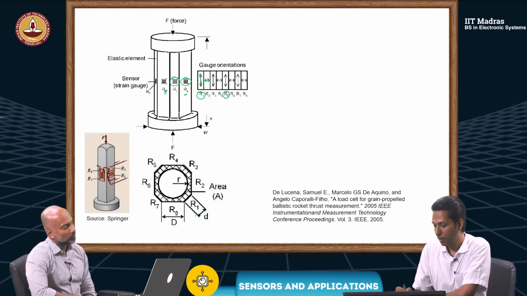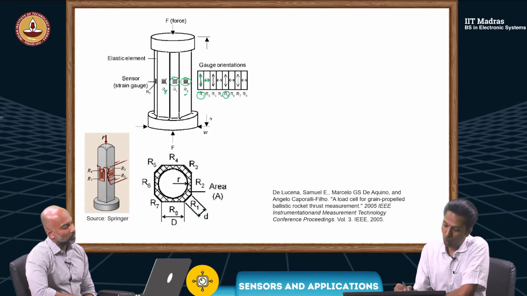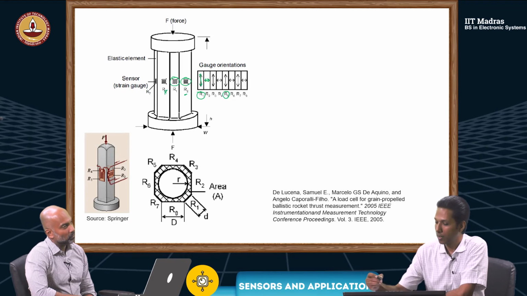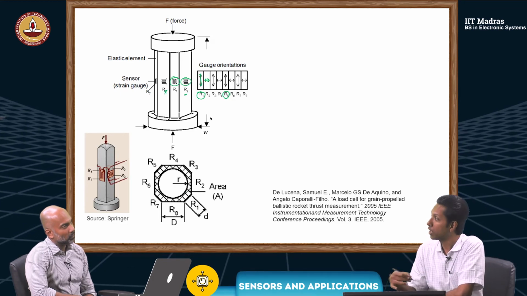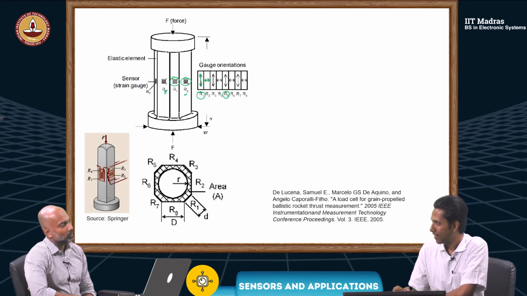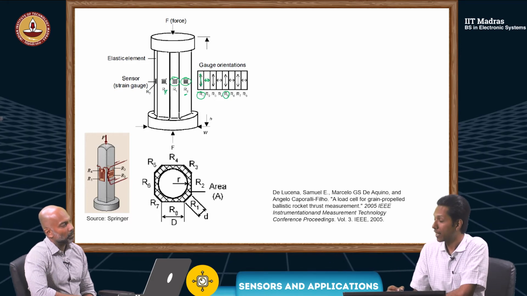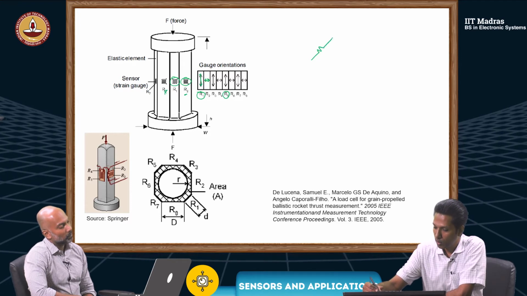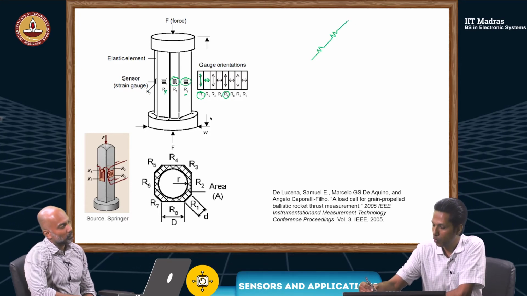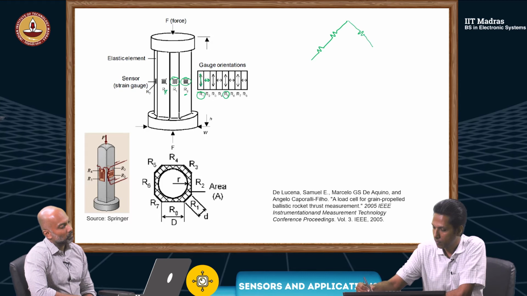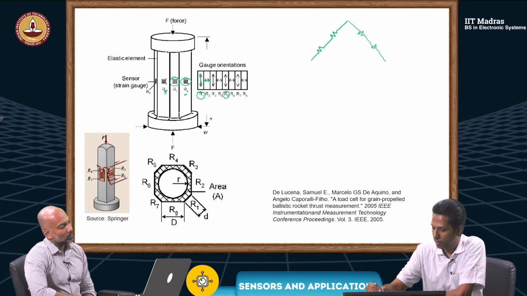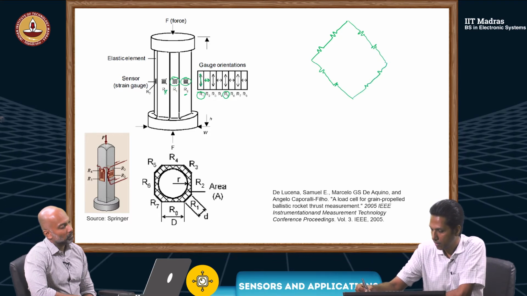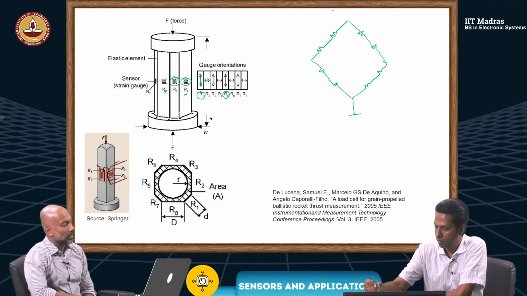Suppose if I keep both of them in series in the same arm. I mean, earlier we had 4 resistors, now we have 8 resistors. Okay. Or 8 sensing strain gauges. Yes. So we can have maybe 2 of them in one branch, like this. Okay. So they're in series, basically.